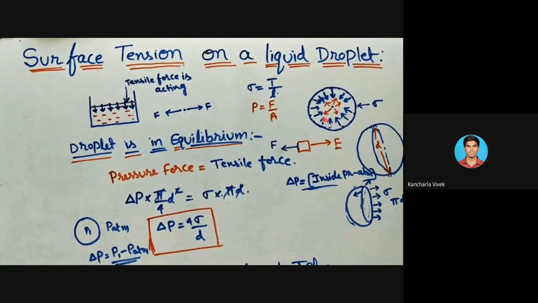So what happens here? For the liquid droplet to stay in equilibrium, to continue to stay as the same droplet, it has to have some inner forces, right? It has to resist these forces. So these are called inner pressure forces. So the tensile force is acting from the outside onto the whole circumference of the liquid droplet, while the pressure force, that is the inner liquid, by virtue of its own forces, opposes it.